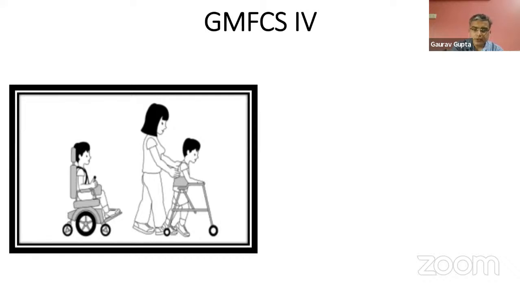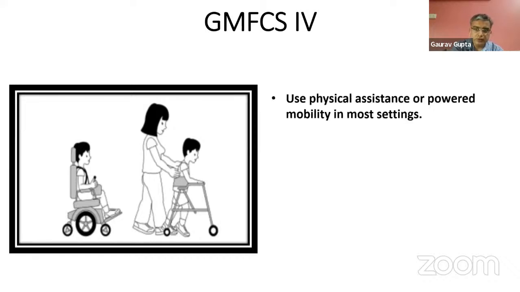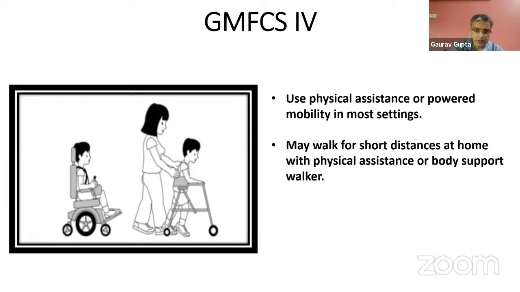GMFCS 4 are further compromised, and they use physical assistance or powered mobility. They may be able to walk for short distances at home, but only with physical assistance and walker or devices. So they need physical assistance all the time.